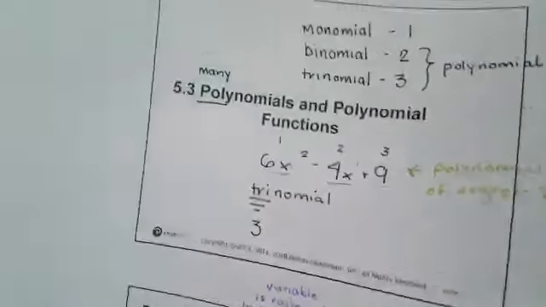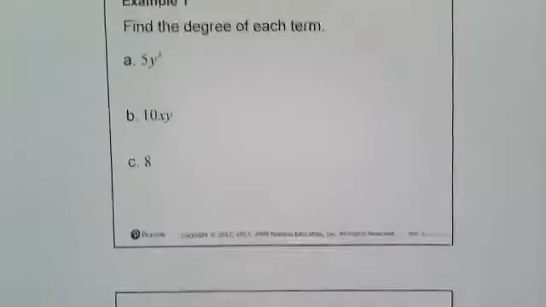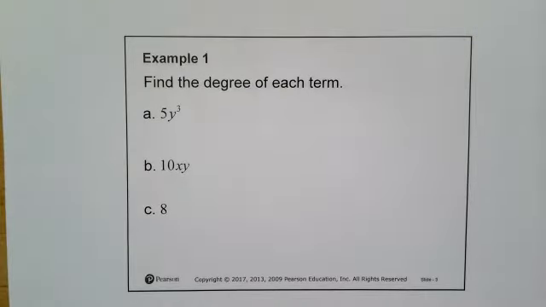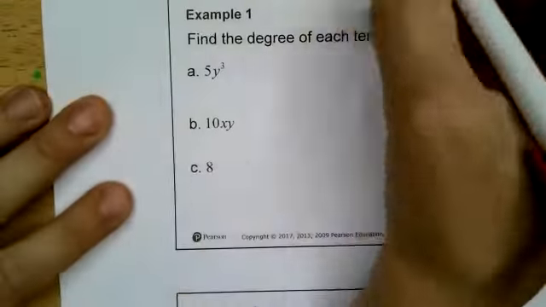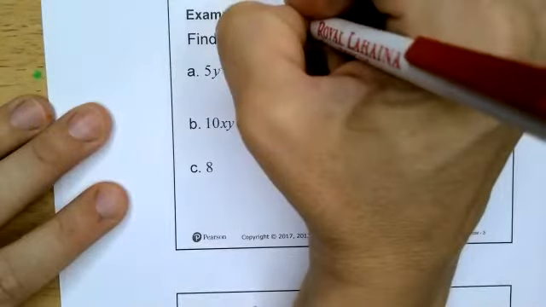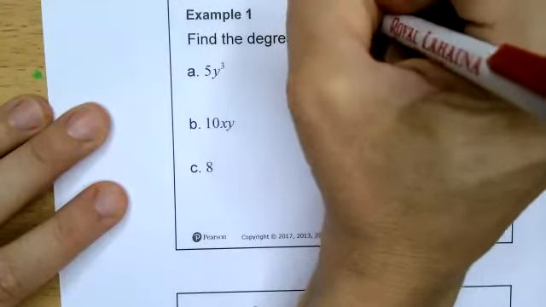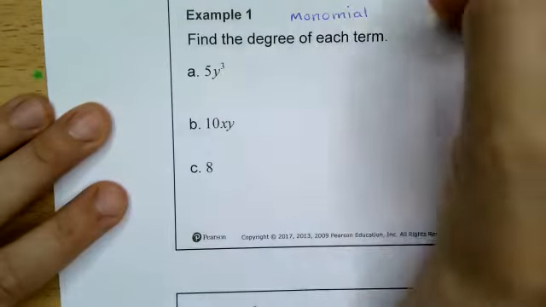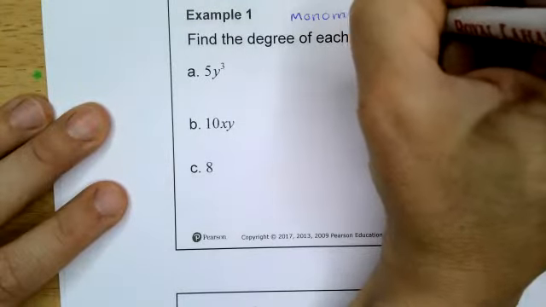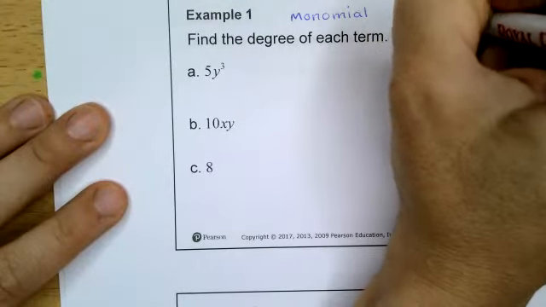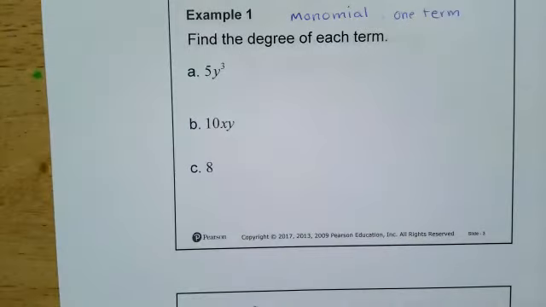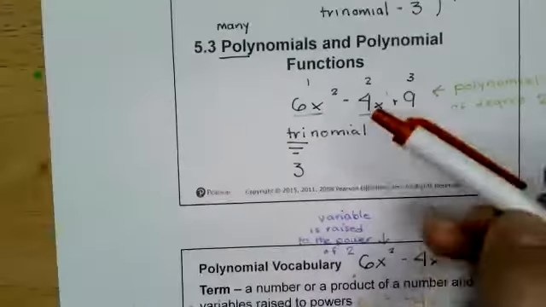I know that was a lot of information. All right, let's practice degrees. Find the degree of each term. So these are all monomials, right? These are 3 monomials. Monomial means it has 1 term. Terms are separated by the plus and the minus.